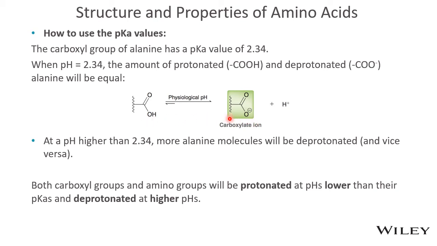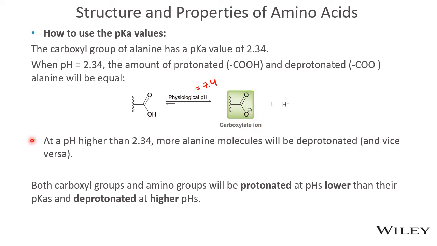Now, as you increase the pH of the solution and get it more basic, you're going to increase the concentration of the carboxylate ion. So at physiological pH, which is about 7.4, since it's a significantly more basic solution than 2.34, we're going to have a significant amount of the carboxylate ions.